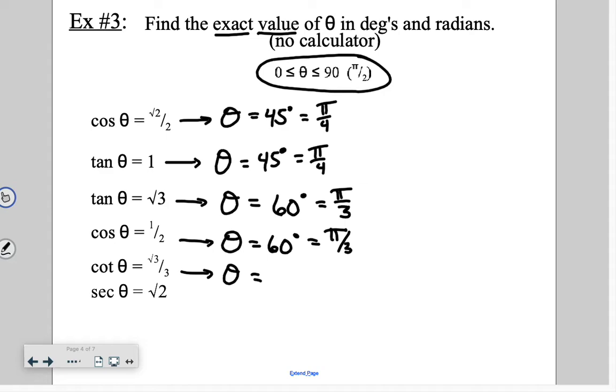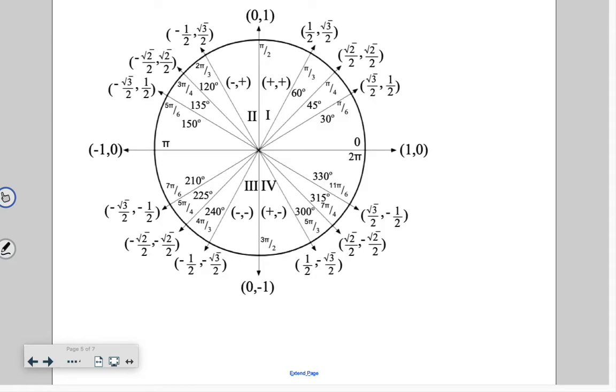So 30, let's take a look. Here's your unit circle again. If we think it's 30 degrees, tangent, remember, is sine over cosine, which means cotangent is cosine over sine. It's the reciprocal. So if I think it's 30 degrees, I'm going to take the square root of 3 over 2 and divide it by 1/2.